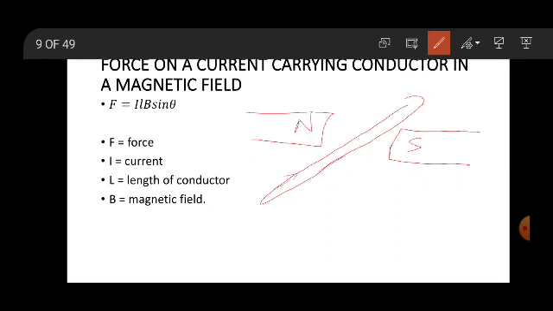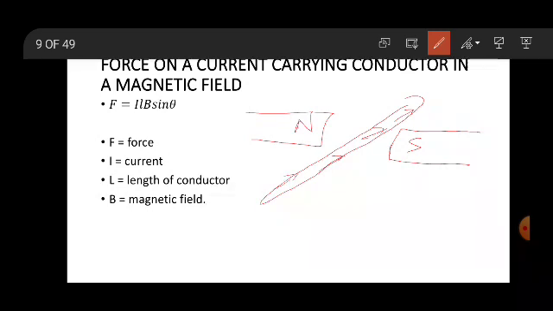Current is flowing along the conductor. Now something happens, because as current moves, it generates a magnetic field. The magnetic field generated by the current will interact with the magnetic field generated by the magnet, and that will give rise to a force.